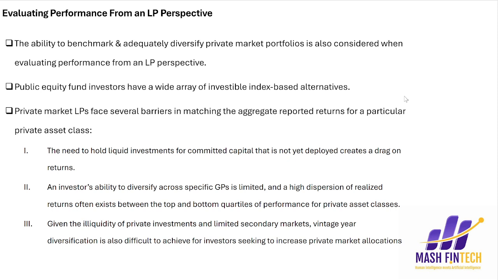So these are some of the challenges they face: having to hold committed capital, not having access to different types of GPs across different private asset classes, and difficulty diversifying across vintage years because secondary markets are limited. There are high levels of illiquidity in private markets.